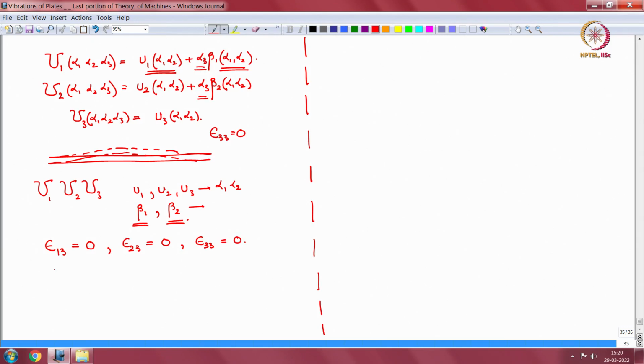So what we will be left with is epsilon 1 1, epsilon 2 2 and epsilon 1 2. These are not equal to 0. The beta 1 and beta 2 definitions will be acquired by setting epsilon 1 3 and epsilon 2 3 to 0. We will get the definitions from there. We need two more equations to find beta 1 and beta 2. This provides us the condition to find beta 1 and beta 2.